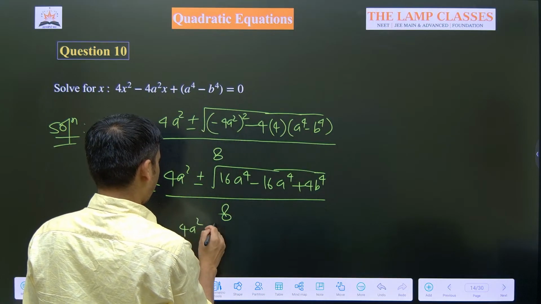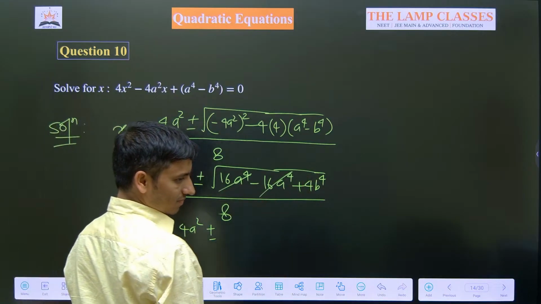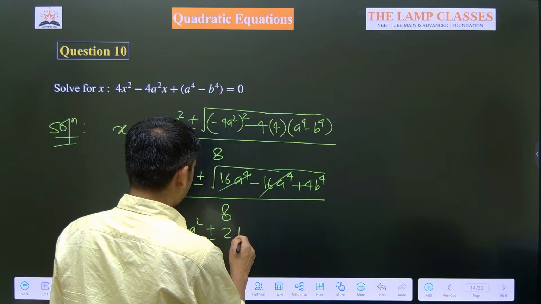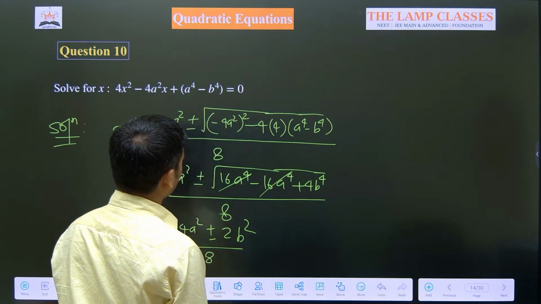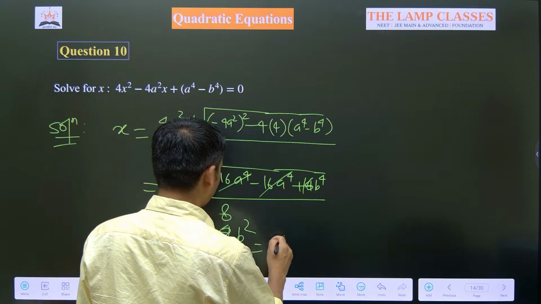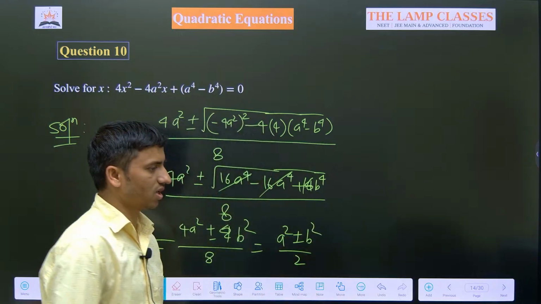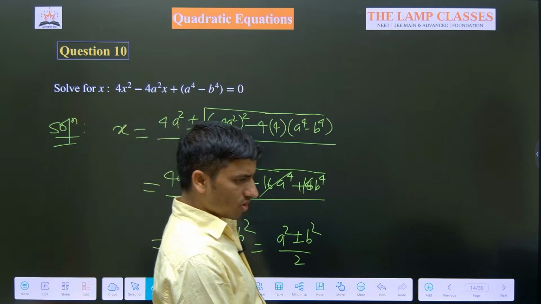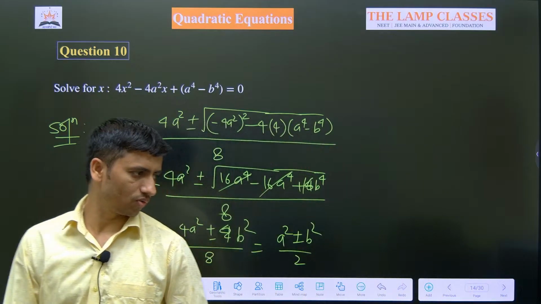You can cancel them, and root of 4b raised to 4 is 2b square upon 8. So 4 will get cancelled. It is a square plus minus b square upon 2. So the solutions are a square plus b square upon 2 or a square minus b square upon 2, right?